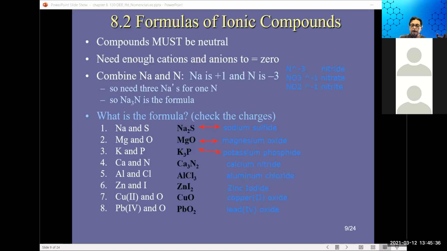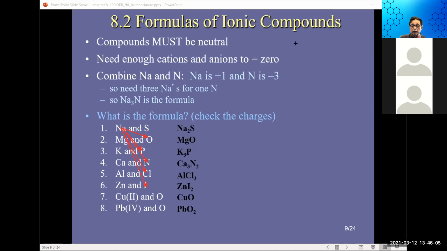Not only that, you can mix and match. What do I mean by that? We've just been working with specific combinations here, but you can take that sodium, combine it with oxide, with a phosphide, with the nitride, sodium obviously with the chloride, with the iodide, and we did the oxide already.